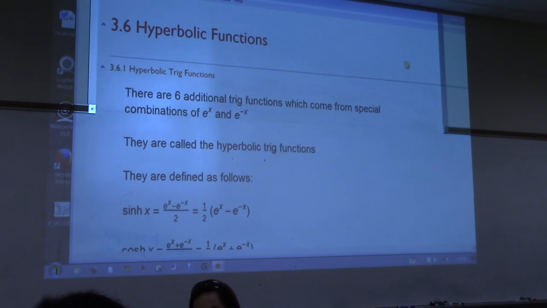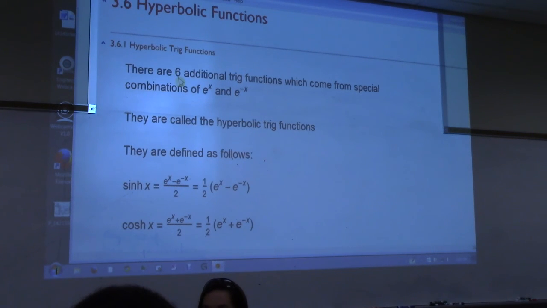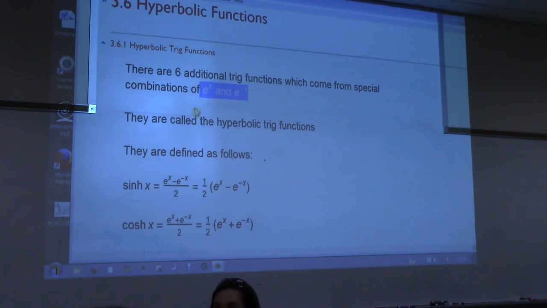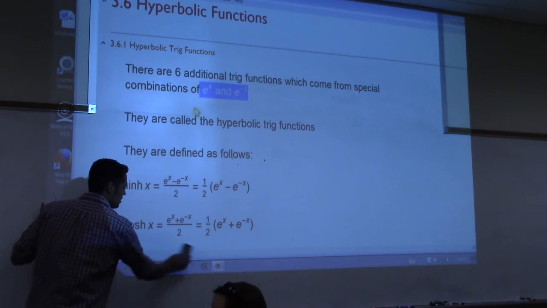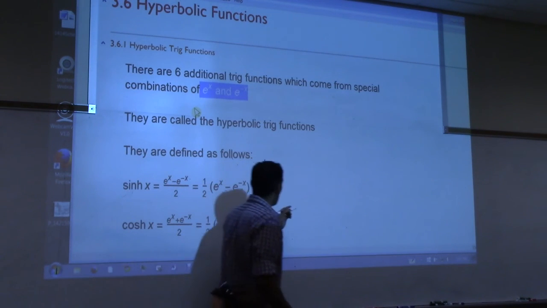Well, the 6 hyperbolic trig functions come from putting together e to the x and e to the negative x. We know that e to the x is an exponential function, right? We know e to the negative x is also an exponential function. They look different, all right? E to the x looks like what, if I graph it?